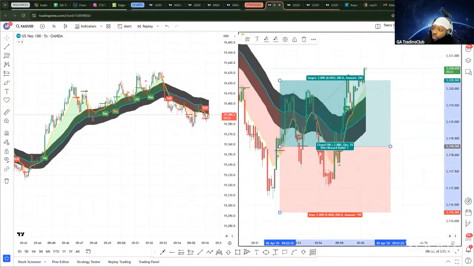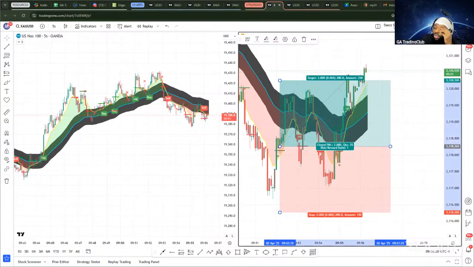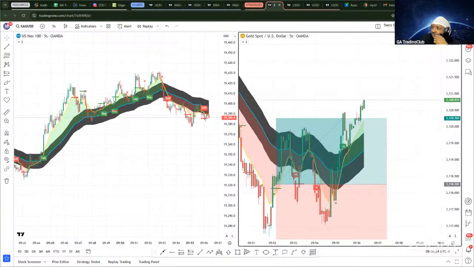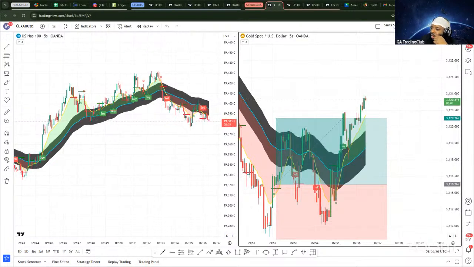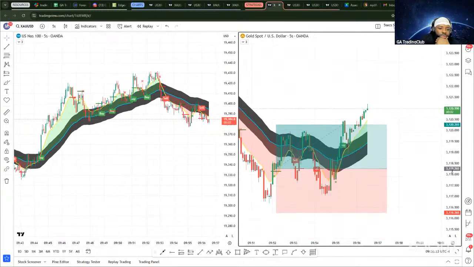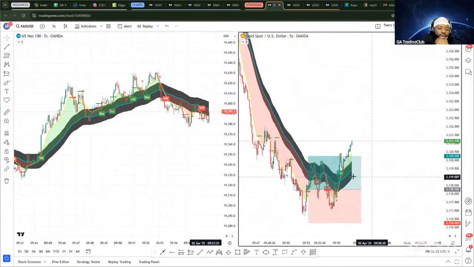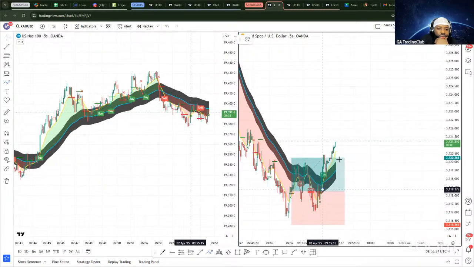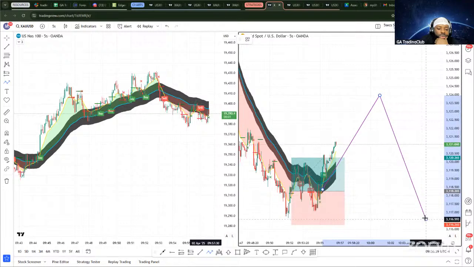Remember, I'm watching for a gold sell on the 30-minute time frame based off of the trend line and SAR rejection. So I do anticipate gold to maybe come back to what is this area? The SAR is at 31.24. So gold can probably ride back here, 31.24, and then something like that.